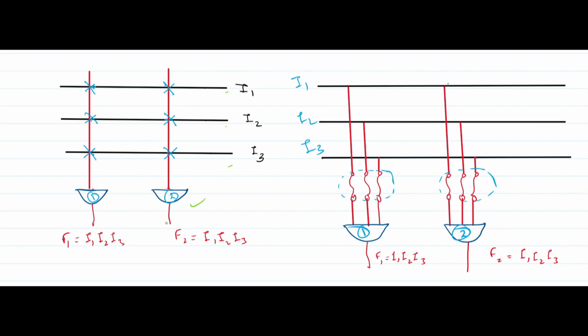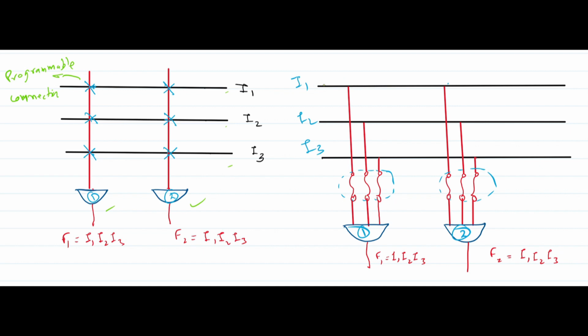Similarly, I am using a second AND gate here, which also has all the inputs connected to it. The connection is represented by this cross, and this cross represents a programmable connection. So initially all the inputs are connected to this AND gate, and it can be shown like this.